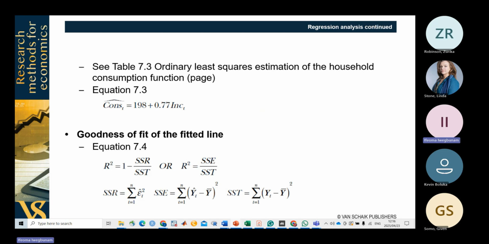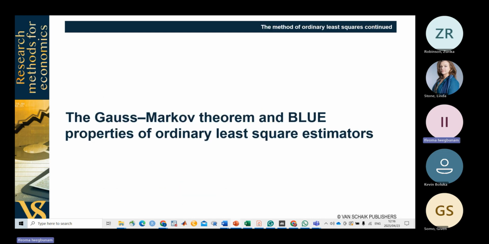When we do the regression, we'll be able to look at it and see whether the variables are well fitted within the lines or not. So this area of the OLS model is also very crucial, especially when we are using the model in our regression analysis.